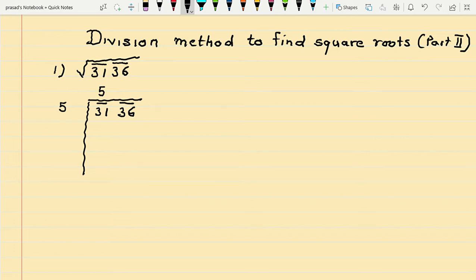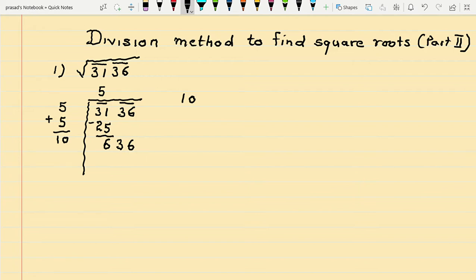I'll subtract 25. So that gives me 6 here. And according to the first rule, add the quotient to the divisor. So 5 plus 5, 10. Now, take the next group down. So according to the second rule, suffix a number to 10 and multiply by the same number.